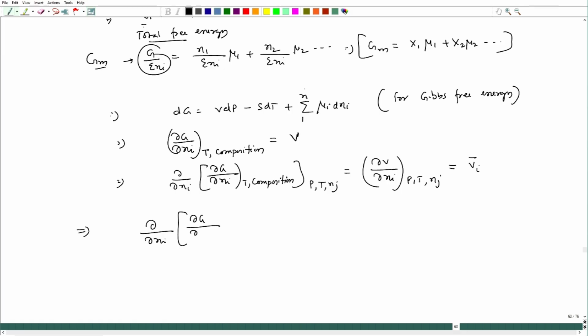There is a mistake, please correct this, this should be P. Please correct that, because temperature and composition are fixed, so with reference to pressure we are trying to see the free energy change. And then at the second level we are doing Ni. This is the one we have seen.